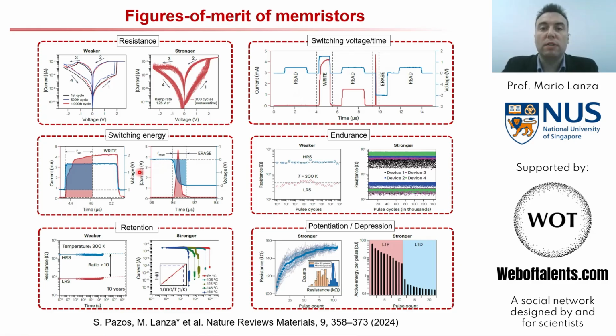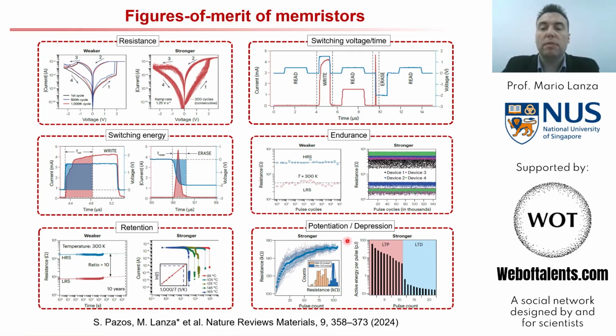There are another two very important figures of merit for memristors. The first one is called endurance, and it's defined as the number of times that a memristor can switch between two or more electrical states before one of them becomes permanent. And the other one is retention, which is defined as the time that one memristor stays in one state if only read pulses are applied.